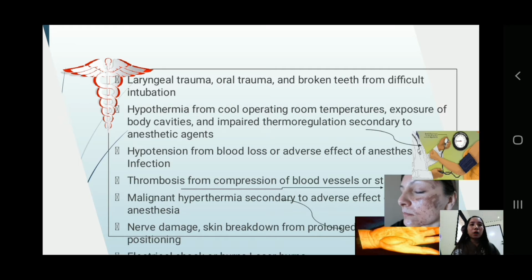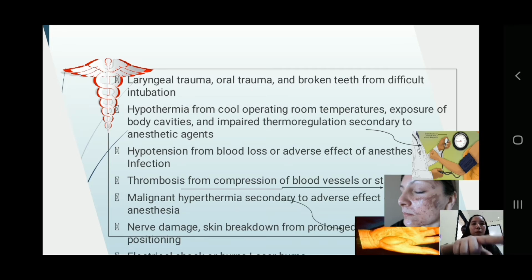The next is laryngeal trauma, oral trauma, and broken teeth from difficult intubation. Laryngeal trauma is injury to the voice box or the larynx.